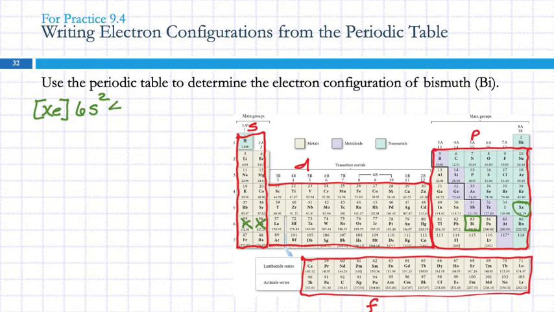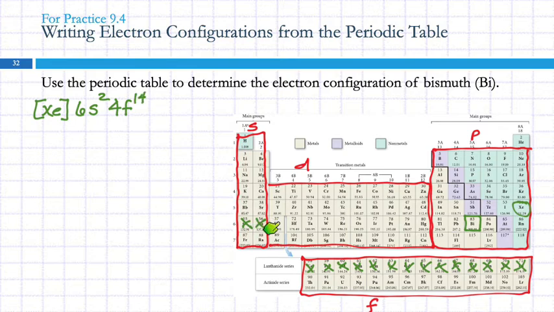So this is 4f. And we go all the way across. I won't make you listen to me count to 14. Okay? So there's 14 electrons there.